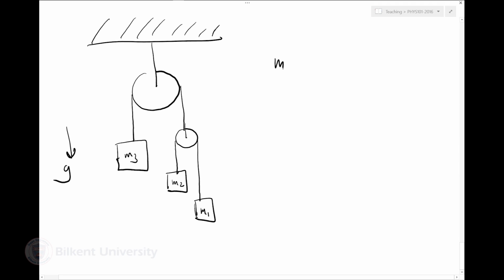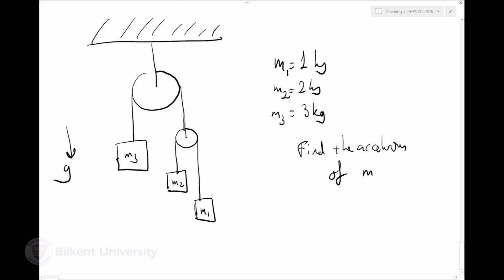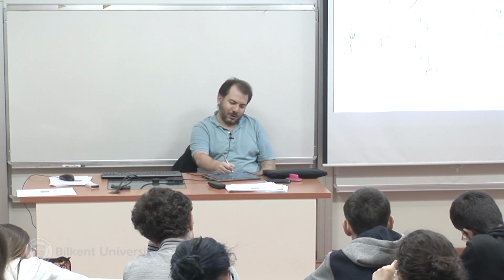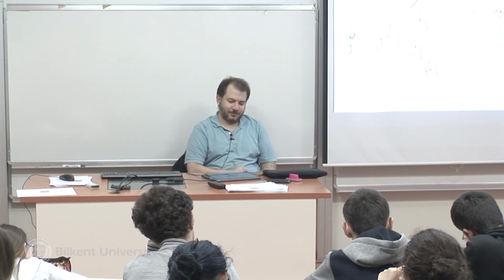And I'll tell you that M1 is 1 kilogram, M2 is 2 kilograms, M3 is 3 kilograms. And the question is to find the acceleration of m1, direction and magnitude. So this is 1 kilogram, this is 2 kilograms, and this is 3 kilograms.